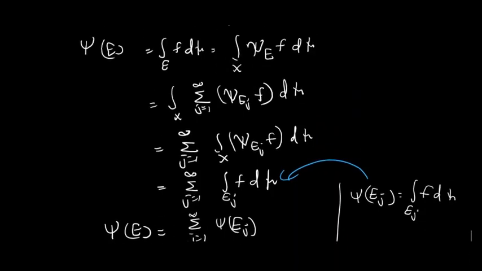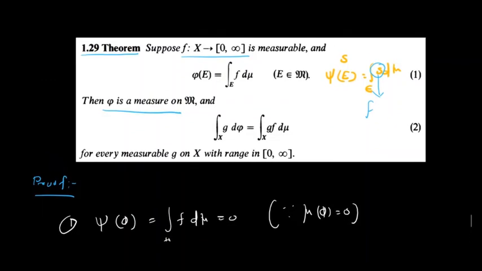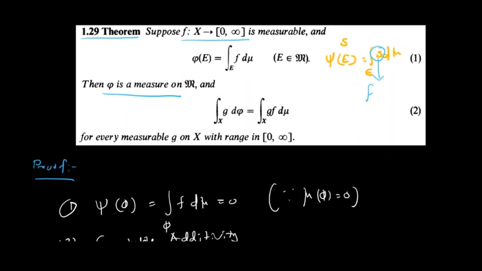Now the second part of this theorem, that is, the integral over X of g d psi equals the integral over X of g f d mu for every measurable g on X with range in the closed interval [0, infinity], is left as an exercise for you. Here, if we substitute g equal to chi E for some E belonging to M, then this result holds.